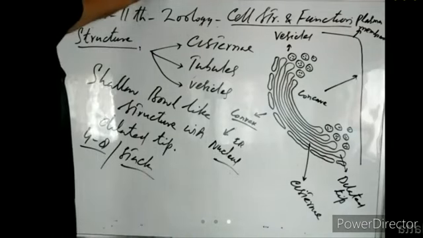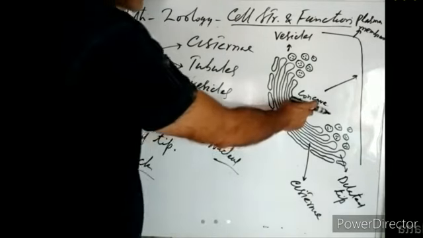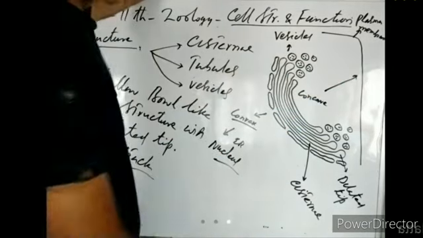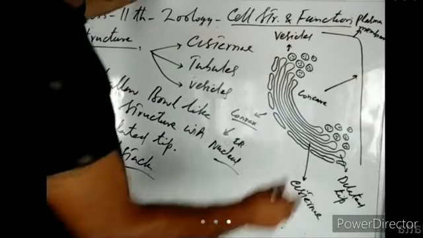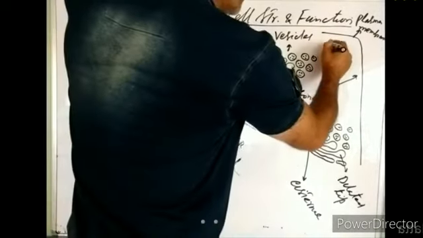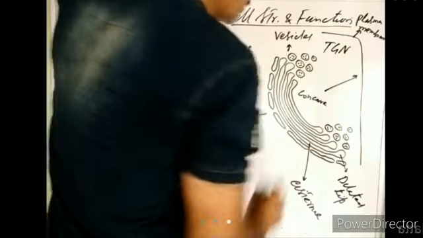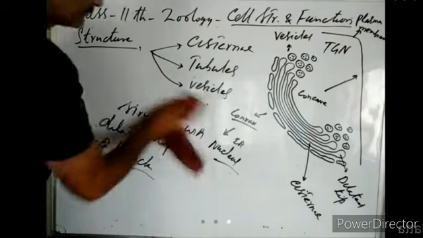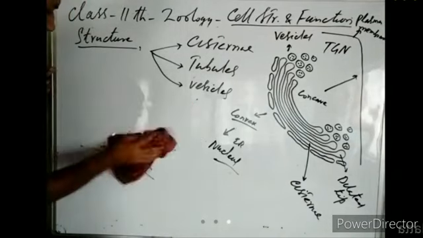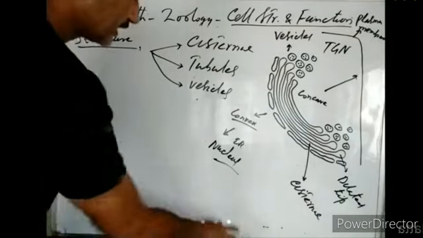So a Golgi body has got a polarity. It has got two faces. One face, which is concave, is always directed towards the plasma membrane. This concave face of the Golgi body is known as TGN.